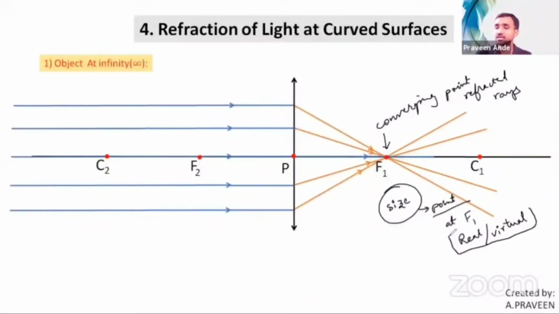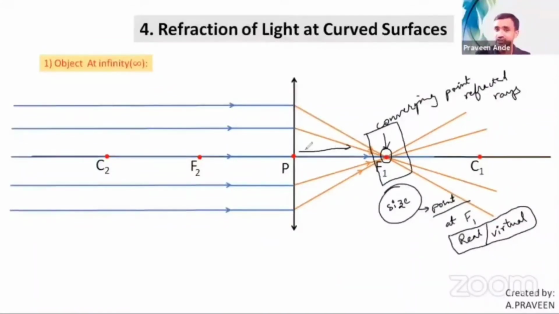Real image means the image which will be formed on the screen, or you are able to capture that image on the screen. That image is called a real image. So here, if you use a screen, that means a white paper, placed exactly at the focus, you will see this red color spot, the image, on your paper. At that distance you will see it.